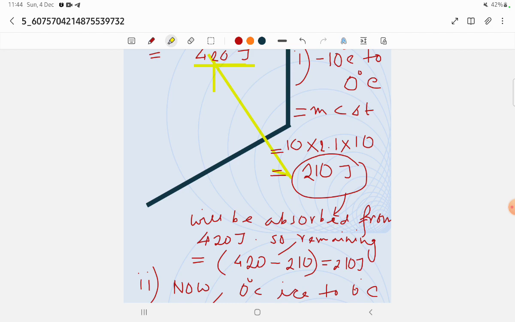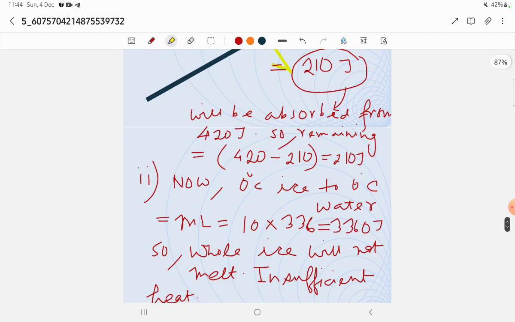Now this amount of heat energy is not sufficient to melt the complete 10 gram ice, because 10 gram ice requires at least 3360 joule to melt totally, since mL is the required heat energy. I have only 210 joule, but I require 3360 joule.